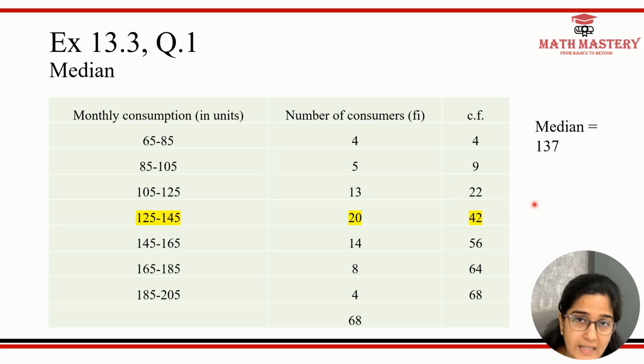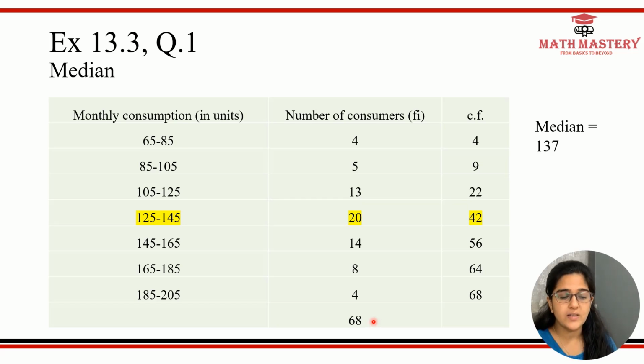In this case, n, which is 68, divided by 2 is 34. The cumulative frequency equal to or greater than 34 is 42. The median class interval is 125 to 145, which I have highlighted in yellow.